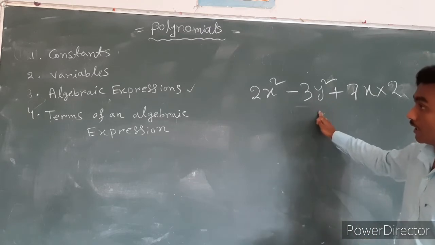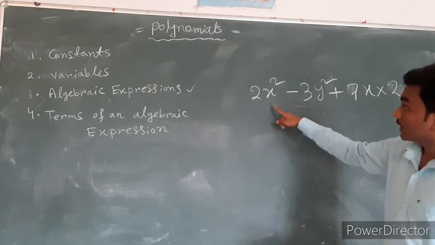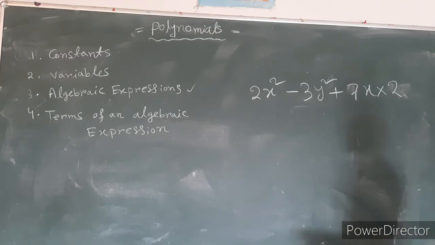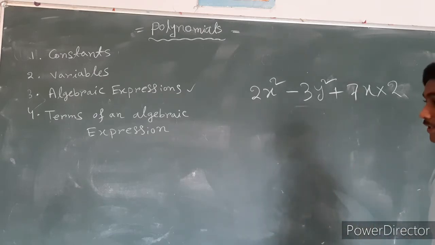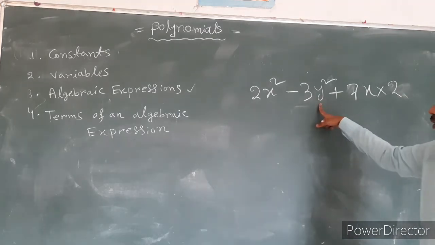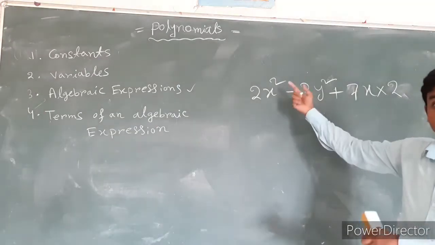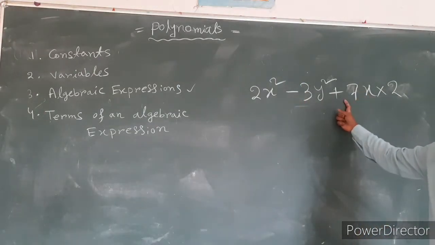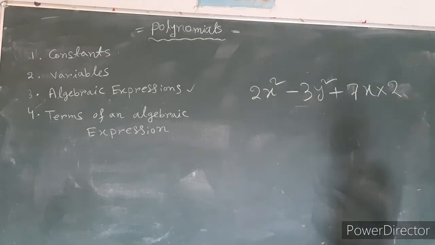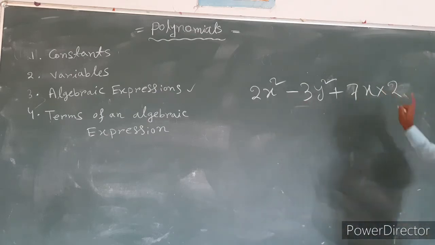So this algebraic expression has different parts, and any 2 parts are connected by plus, minus and so on. So the terms of an algebraic expression, the several parts of an algebraic expression separated by either plus or minus, are called terms of an algebraic expression. So in this algebraic expression, there are 1, 2, 3, 4 parts.